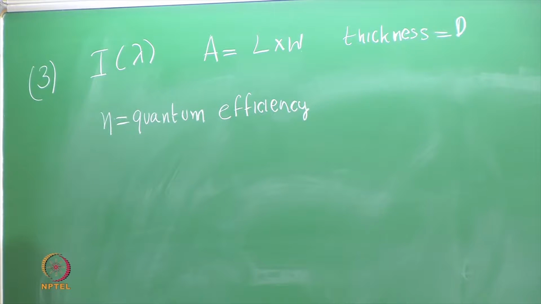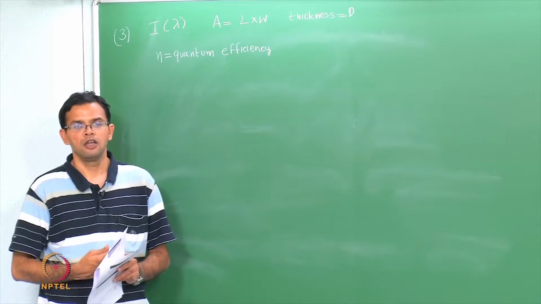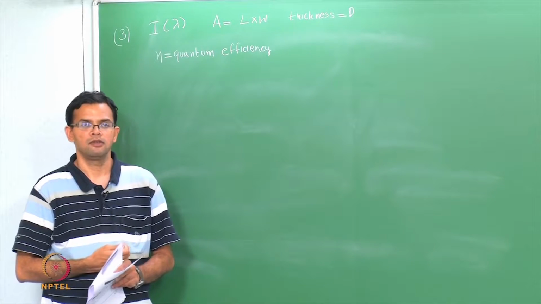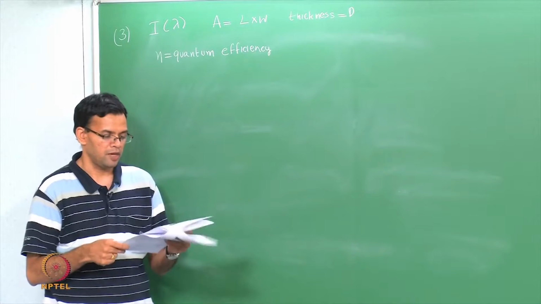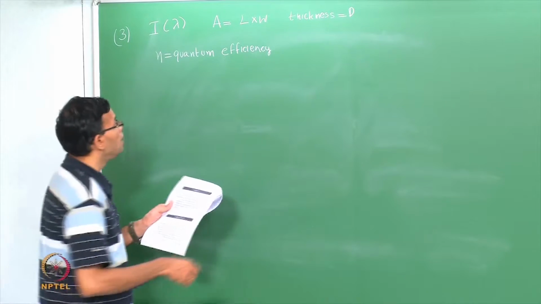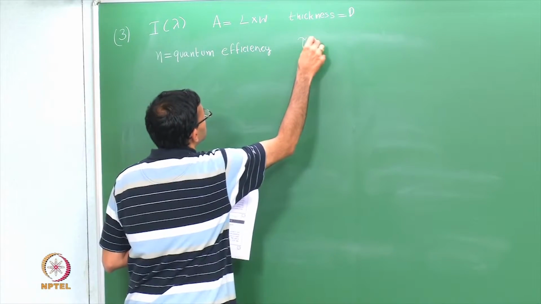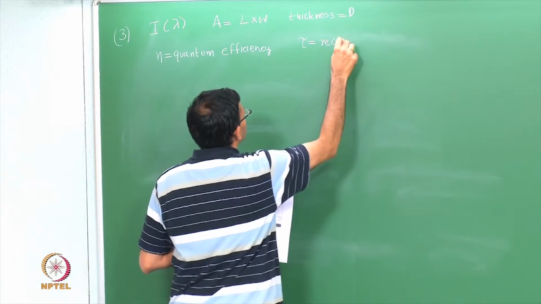If we take the quantum efficiency to be 0.5 or 50%, if you have 2 photons coming in, only one of them will get converted to an electron hole pair. The quantum efficiency is given, and tau is the recombination lifetime of the carriers.